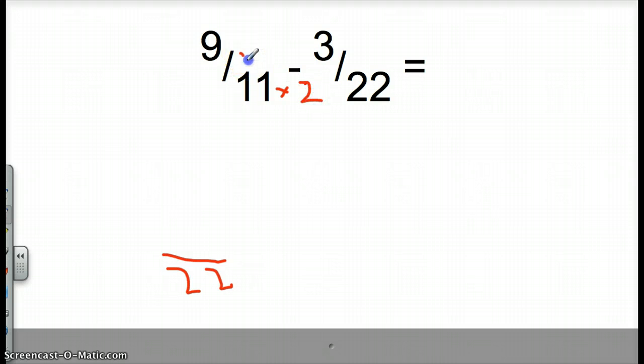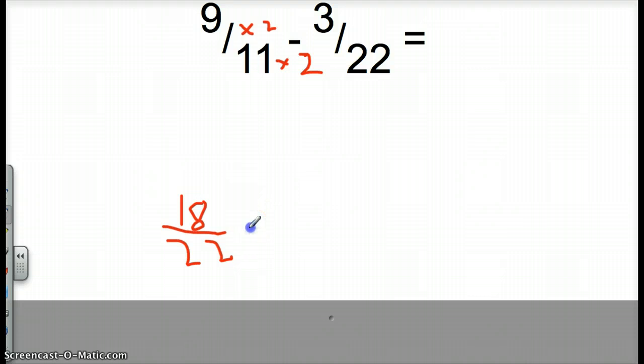So then you times this by 2, getting you 18/22. So then you have the subtraction sign, and this would stay the same because 22 to get to 22, it just won't do anything.